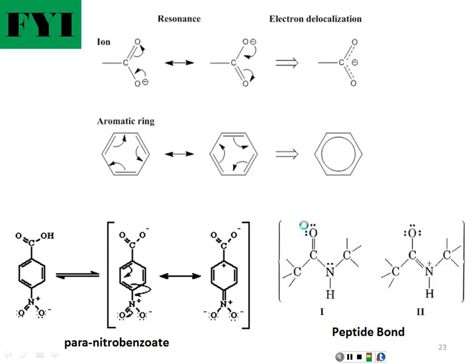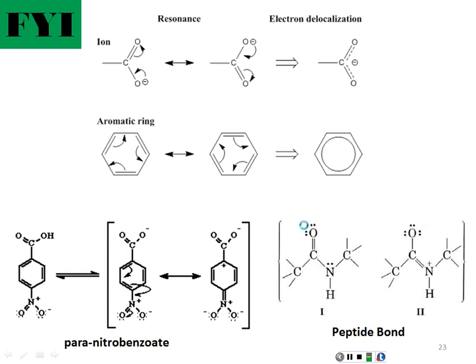Now, if we look at examples of resonance, there are many different examples in organic chemistry, and you're not going to need to know these for this class, but when you go on to organic chemistry, you're going to see many examples of resonance.